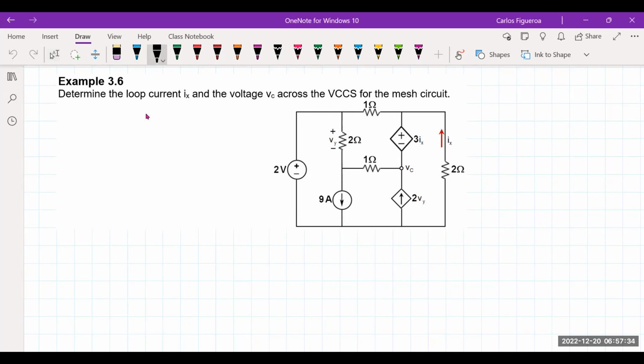So what I want to do here is talk about some calculational tips and how you deal with this.